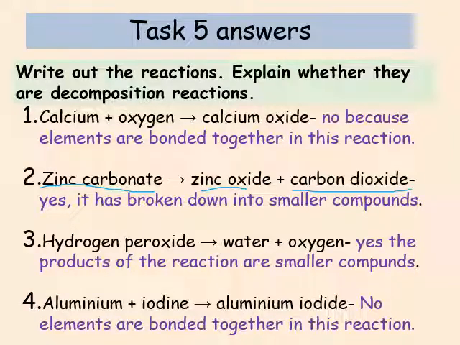So yes, this is a decomposition reaction because it's been broken down. So is hydrogen peroxide. This has been decomposed into water and oxygen. However, number 4, aluminium and iodine, they're reacting together. So this is not a decomposition reaction. This is a chemical reaction.